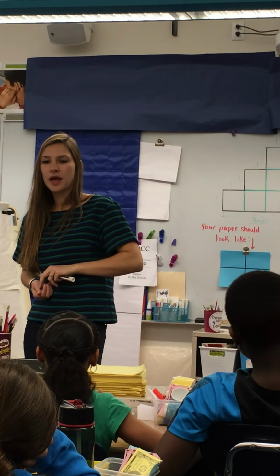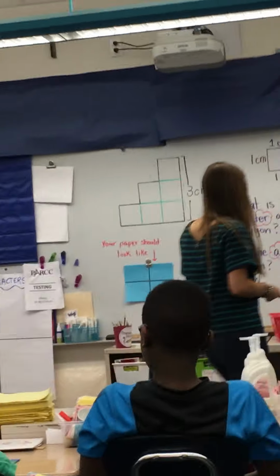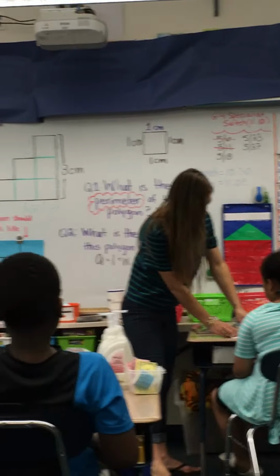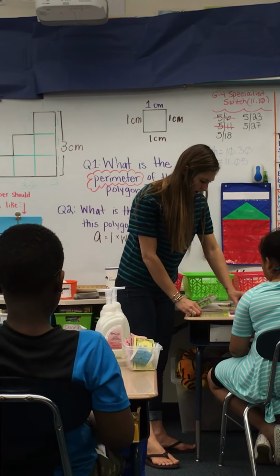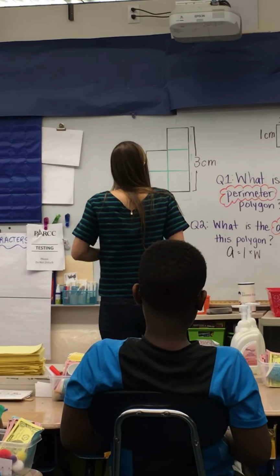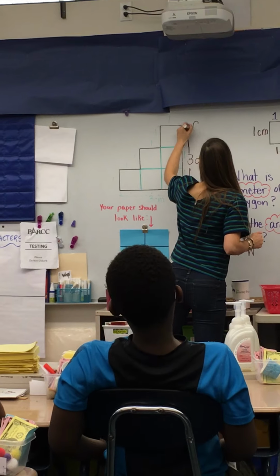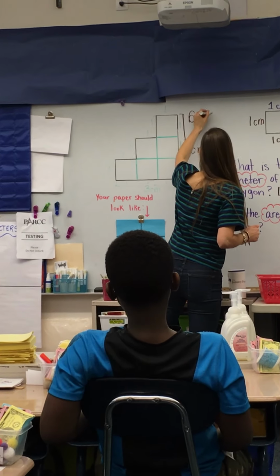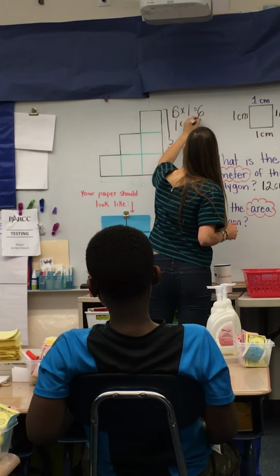So somebody on their paper actually did something that I thought was really, I don't think inventive is the right word. I don't know who did it either. I can't remember. It might have been a nameless person. But you did this, and you did 6 times 1 equals 6. And then you did 1 times 1 equals 1.